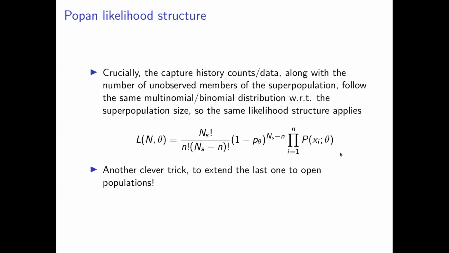And then here we just have the capture probabilities for the animals that are observed, the same as before. So this is another really clever trick, right? Extending the multinomial distribution into open populations.